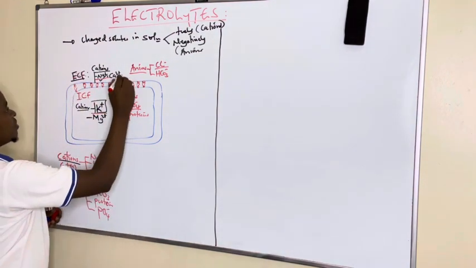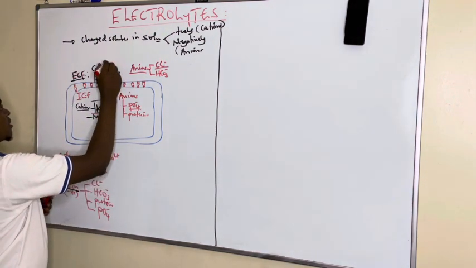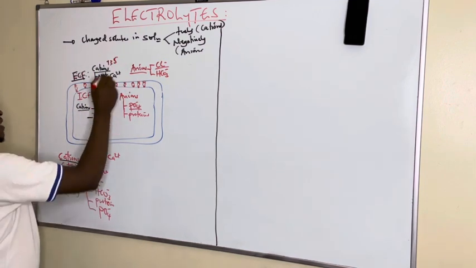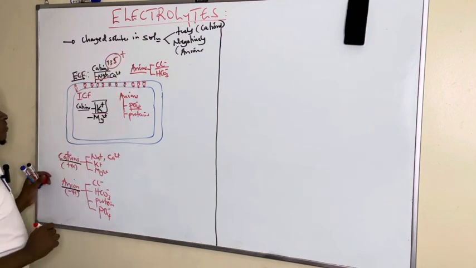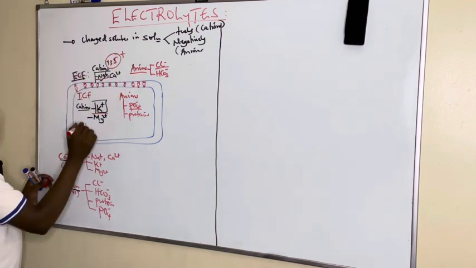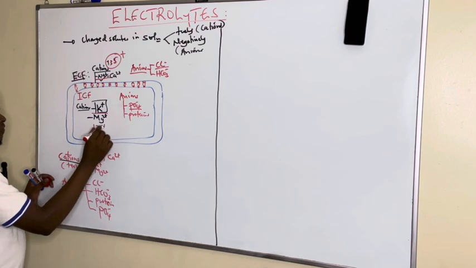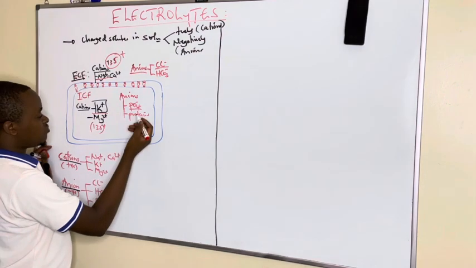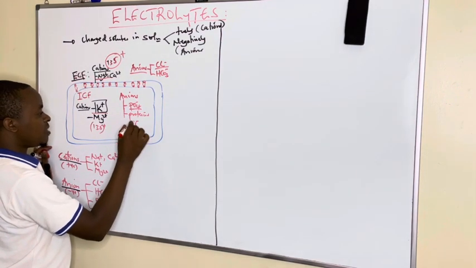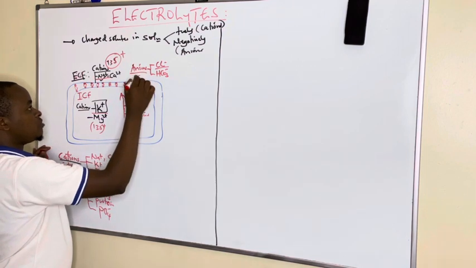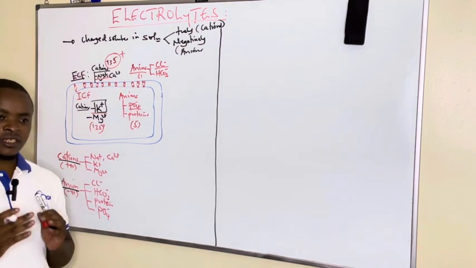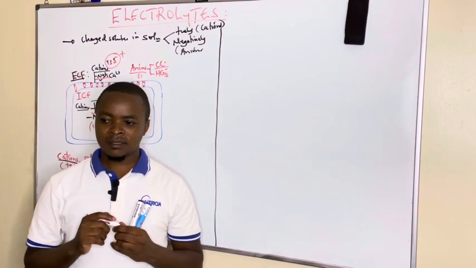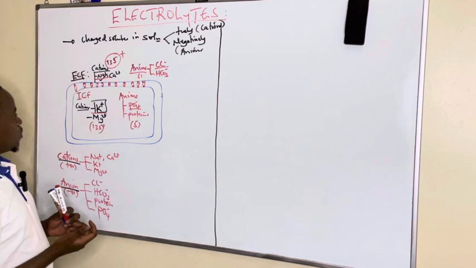For example, if sodium is 135 in the extracellular fluid, the positive charges inside should also total 135. If anions in intracellular fluid are 5, outside they should also be 5. So the charges in intracellular and extracellular fluid must always balance. We shall also look at that.